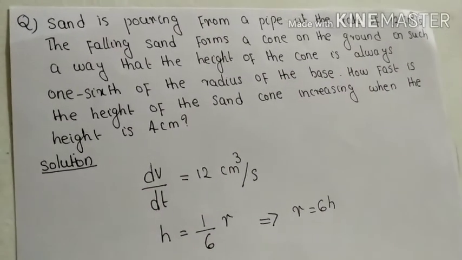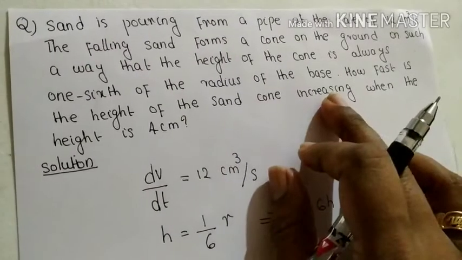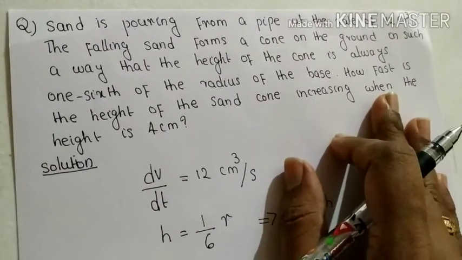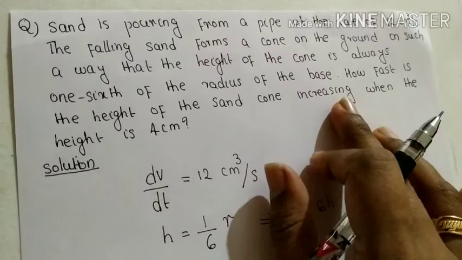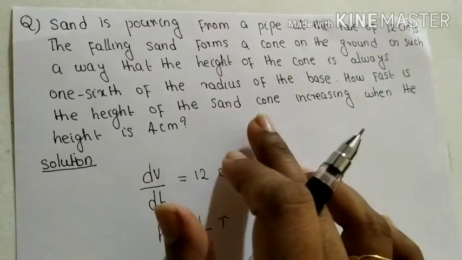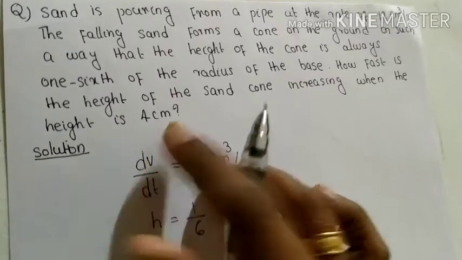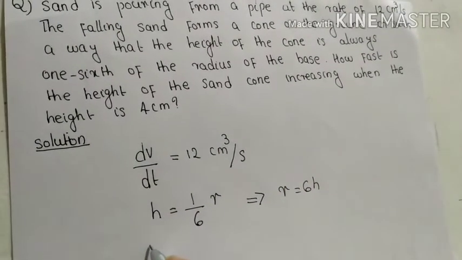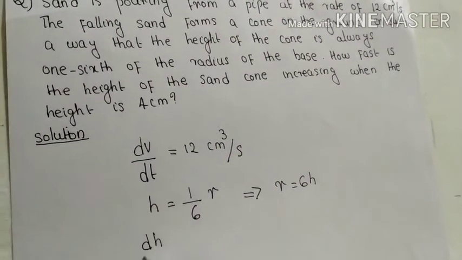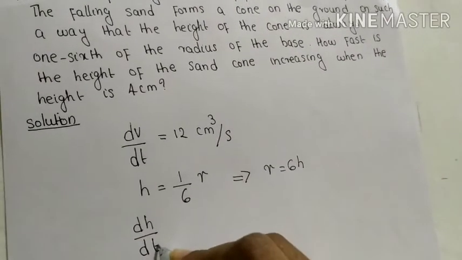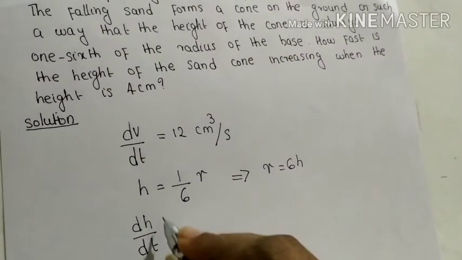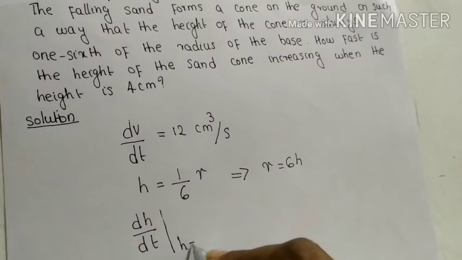Okay, and here in this question we need to find how fast is the height of the sand cone increasing when the height is 4 centimeter. That means we need to find dh by dt, rate of change of height with respect to time at h equal to 4.